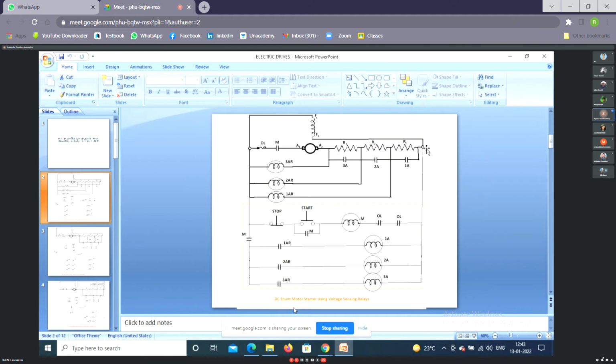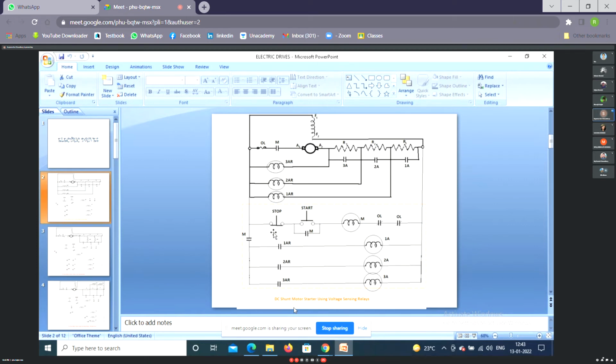If we want more steps, we can just add more steps of resistance here. Now this is the main contact M. This is the overload; overload protection is minimal. And this is done with voltage sensing relays. So these are the 3 relays.